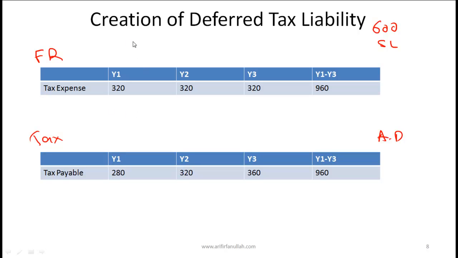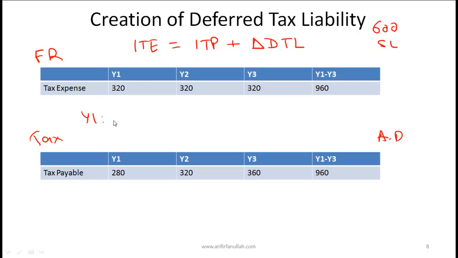I will rewrite the equation over here. Our income tax expense for a year is equal to income tax payable plus change in deferred tax liability. For now, let's assume that there is no deferred tax asset. Let's take year one.